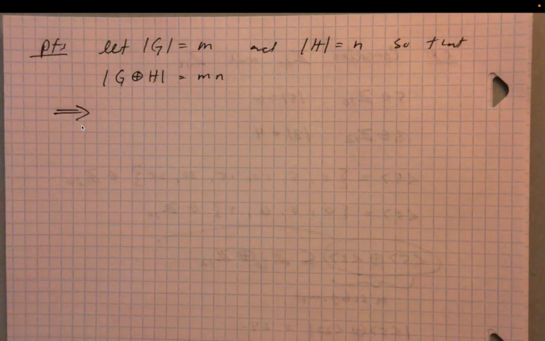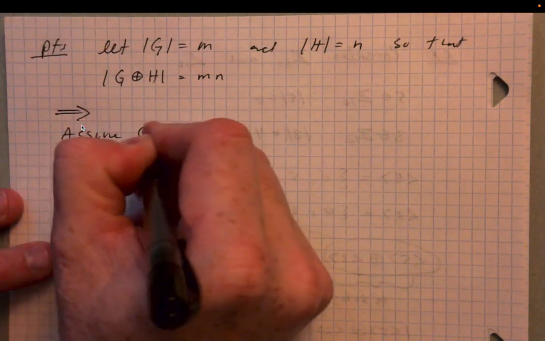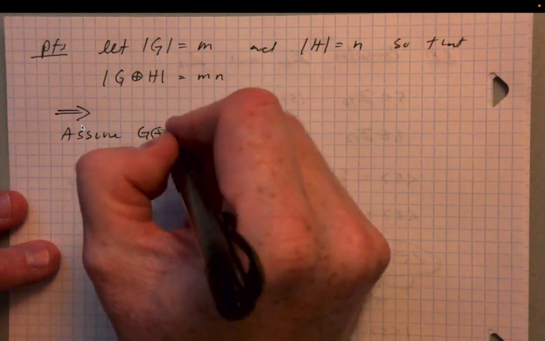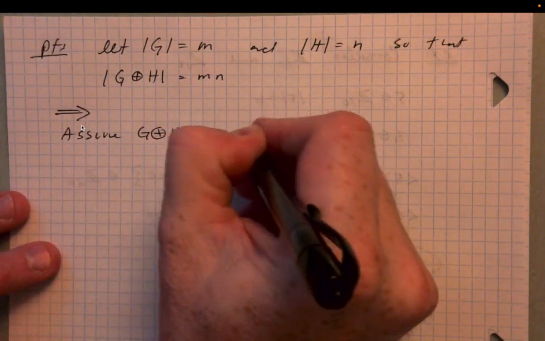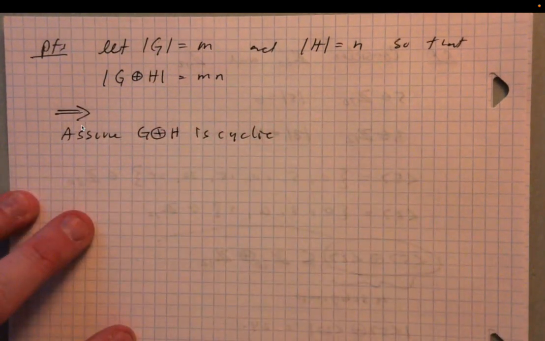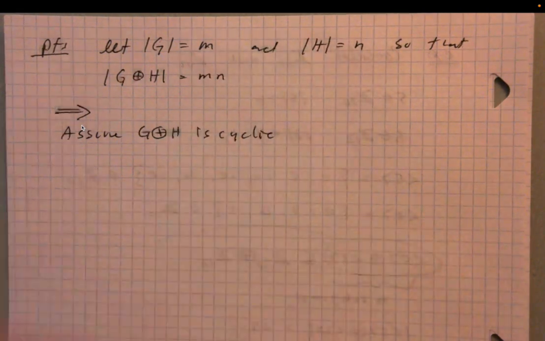Now let's prove the one direction. We'll start by assuming that the external direct product of G and H is cyclic. Given that assumption, what we want to show is that M and N must be relatively prime.